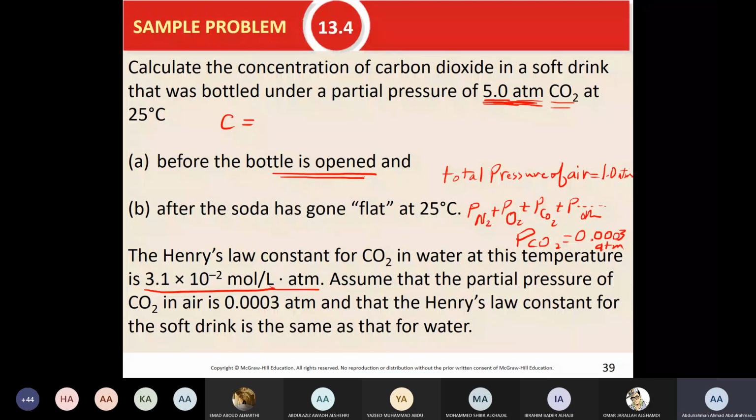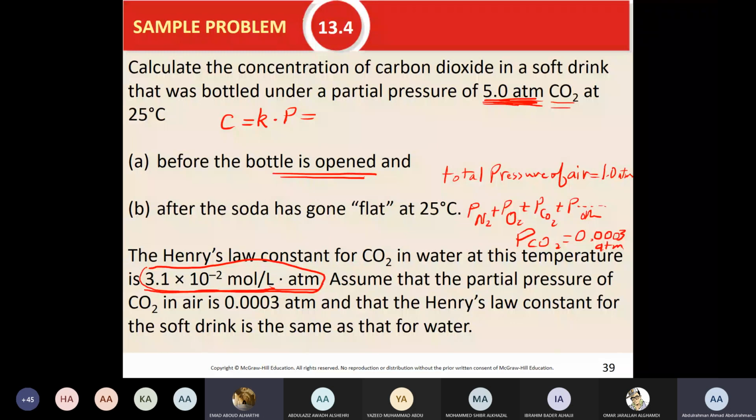It's K times P. K is given to you here, and the pressure before we open it is given here. So what's C? It's 3.1 multiplied by 10 to the power minus 2 mole per atm liter.